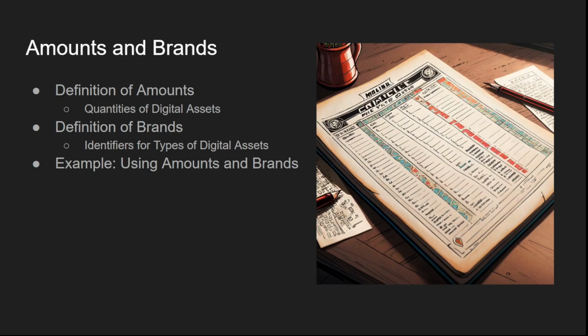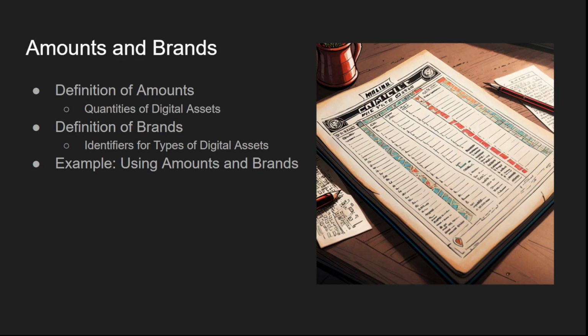In another scenario, you might be dealing with a different asset, like gold token. If you want to transfer 5 gold tokens, the amount is 5 and the brand is gold token. By clearly defining both the quantity and the type of asset, amounts and brands help to maintain accuracy and trust in transactions.